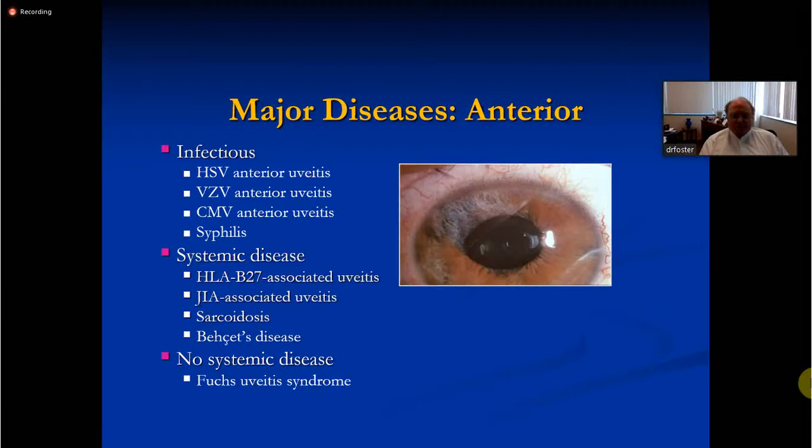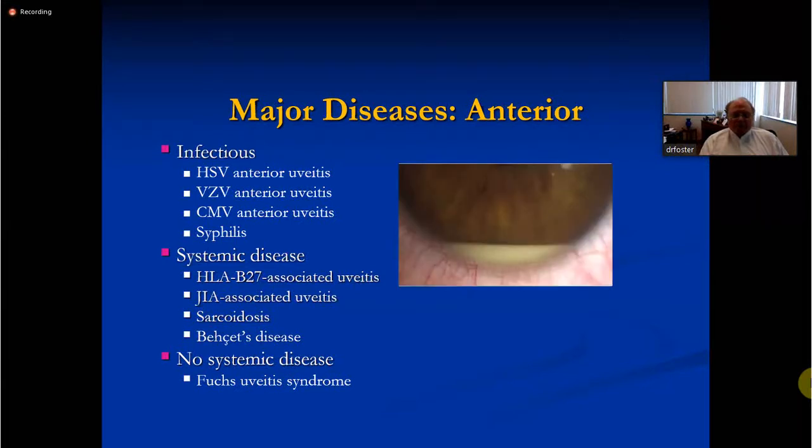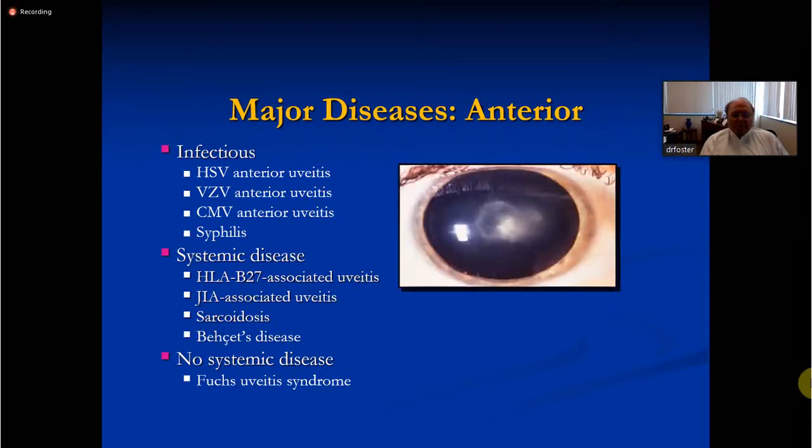and then of course non-systemic disease, Fuchs heterochromic iridocyclitis. Here's a good example of a hypopyon in one of my patients who had uveitis secondary to herpes simplex virus, but other diseases can cause a hypopyon too. The most famous systemic disease that causes hypopyon is Behçet's disease, but it can be seen in other diseases as well.